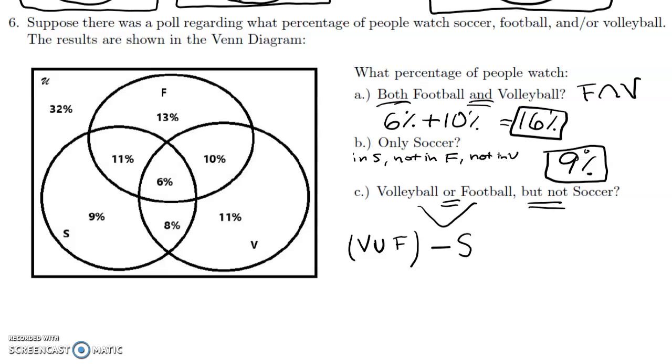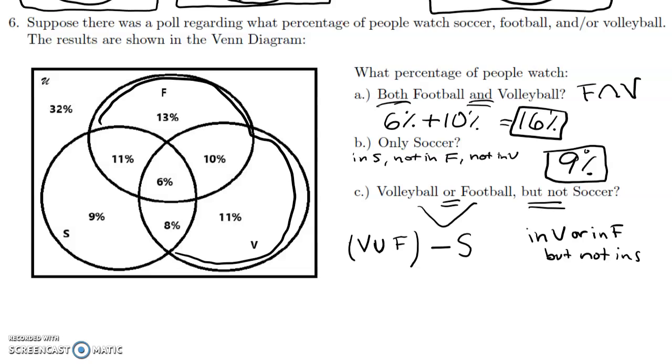Another way to think about it is that we need to be in V or in F but not in S. So I can be in V, or I can be in F, but I want to be outside of the soccer circle.